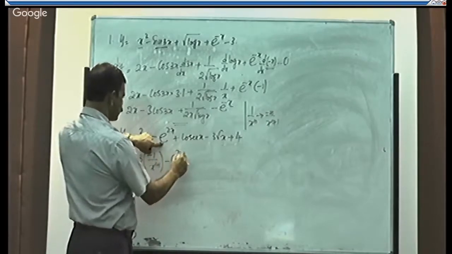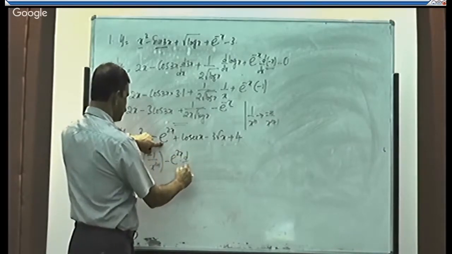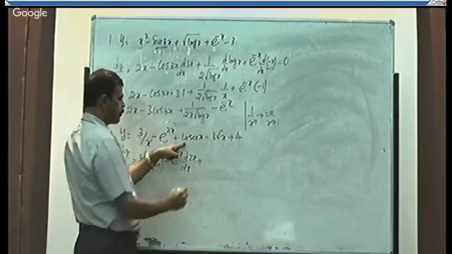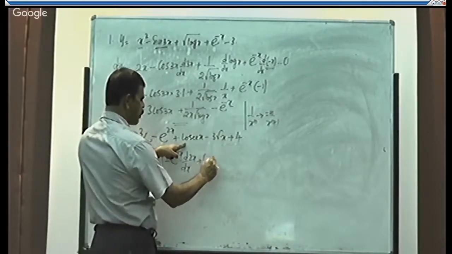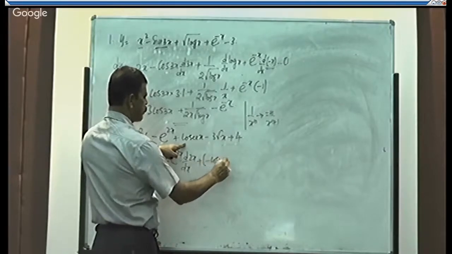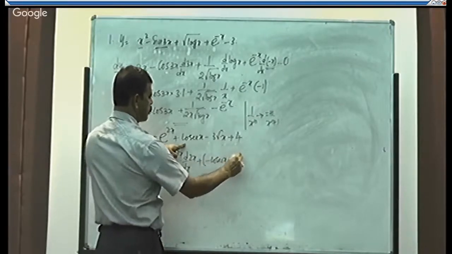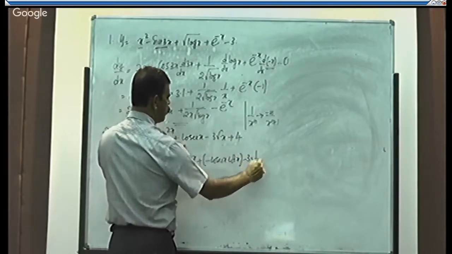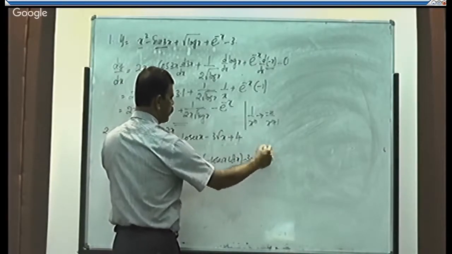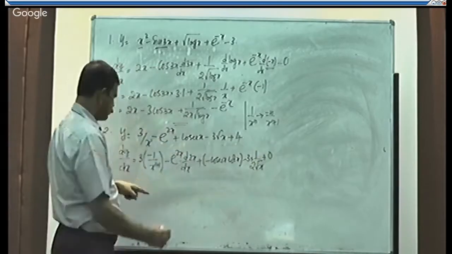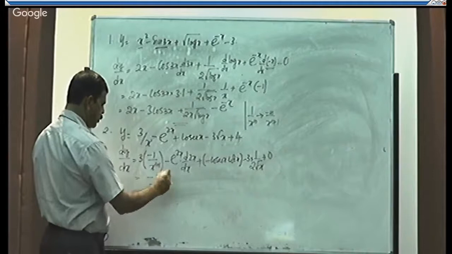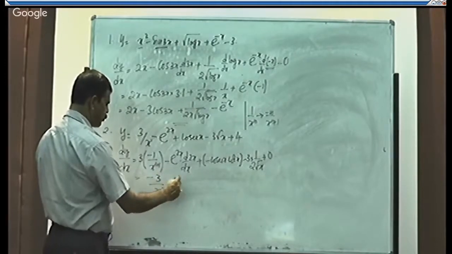E power function into d by dx of function, plus differentiation of cosecant x. It is minus of cosecant x into cot x, minus 3 into for root x, it is 1 by 2 root of x, plus for 4, it is 0.